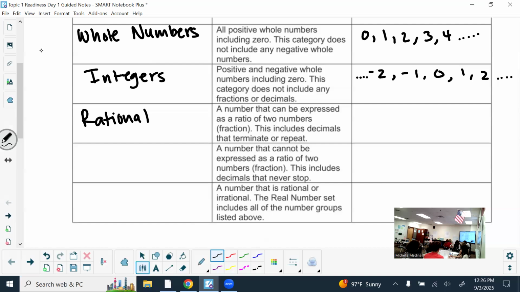It can be an integer, a whole number, or a natural number. But now it also includes decimals that terminate or repeat. What does terminate mean? They stop. And then repeat would be like repeating any sequence. It could be the same number, the same 2 numbers, the same 5 numbers, if it went on forever. So we'll put includes all of above, because it does include all of those.